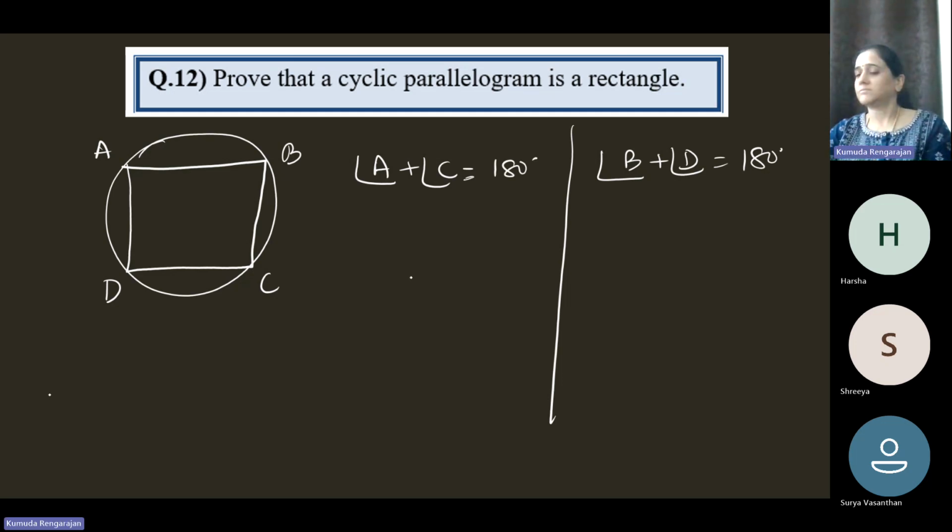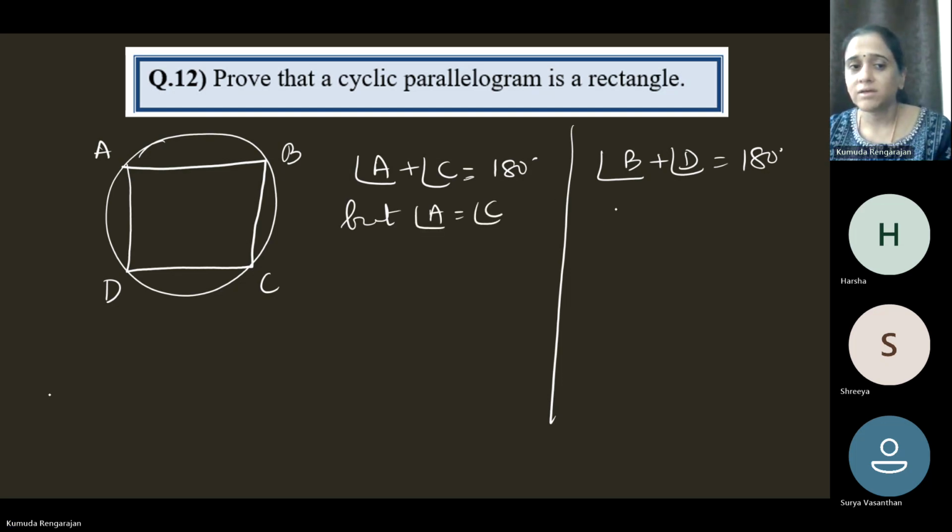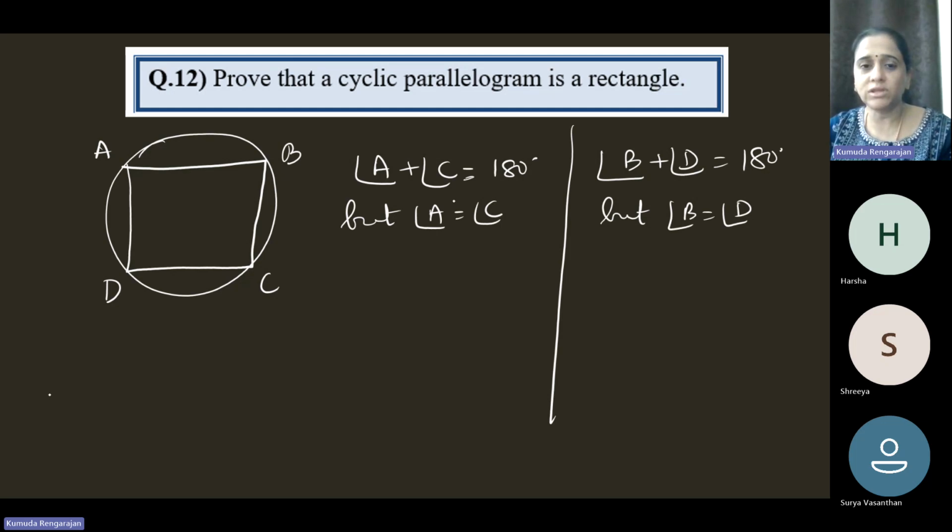But angle A is equal to angle C because it's a parallelogram. Or you can say angle B is equal to angle D because it's a parallelogram. So on replacing, you can take out A and make it C, or take out C and make it A. Here, any one you can write, not both. Instead of B, you can use D, or instead of D, you can use B.